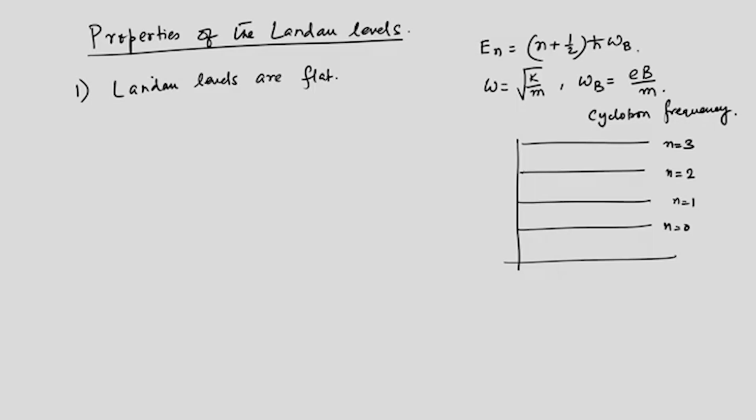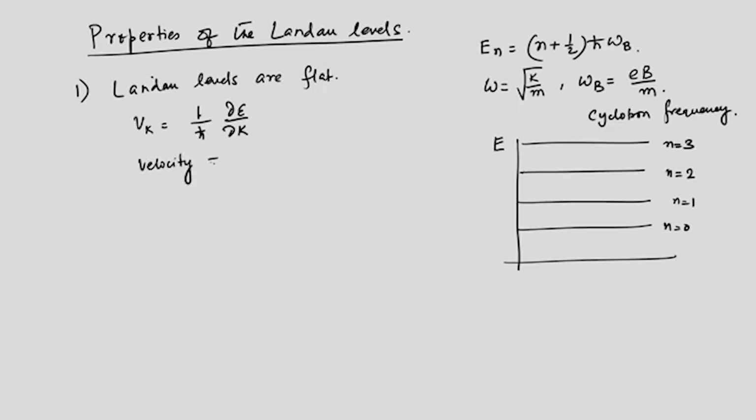Okay, so when I say they are flat, which means that they have no dispersion, so this is E, and they have no dispersion, that means that the velocity of the electrons, if you remember from the band theory chapter, v_k is actually 1 by h cross del E del k, or it depends upon the slope of the band energies. Now these are completely flat, so the velocities are 0.